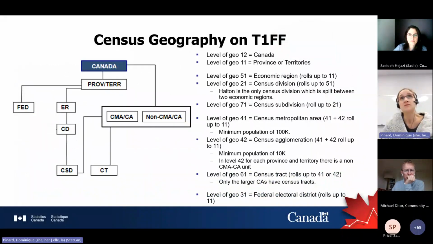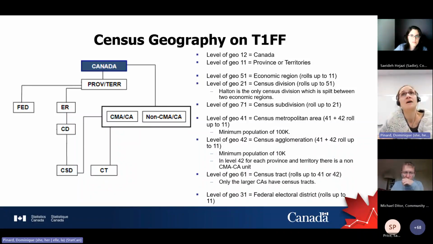This little diagram on the left is representative of what the census geography is on TIFF and what is available. You can see that there's a link between census tract, CSD, CMA, CD, and then it goes up. These are acronyms used at Statistics Canada. You have the Canada level, and provinces and territories.